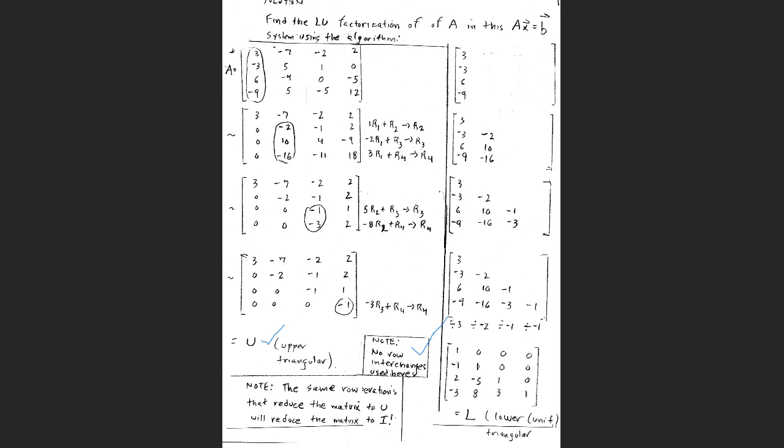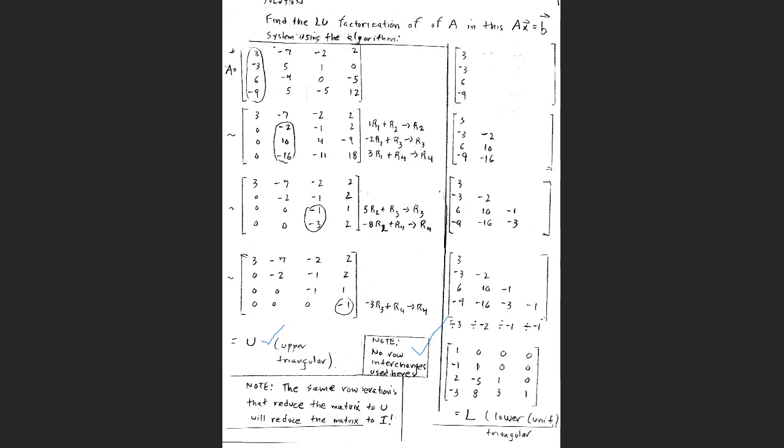Normally MATLAB, when it does an LU factorization, will do row interchanges because it's doing what's called a permuted LU factorization. We're going to talk about that because one of your MATLAB assignments is going to be based on that.